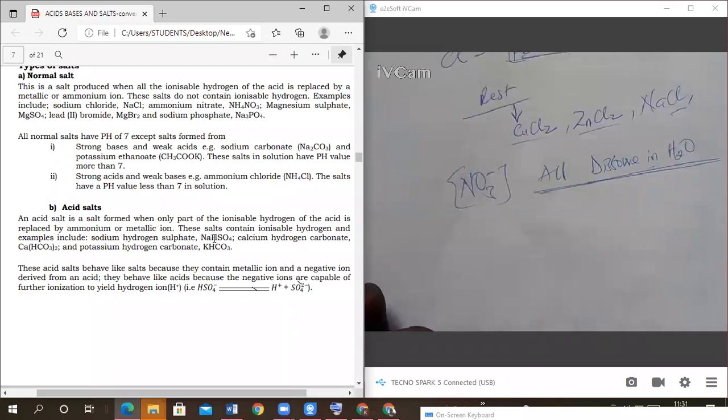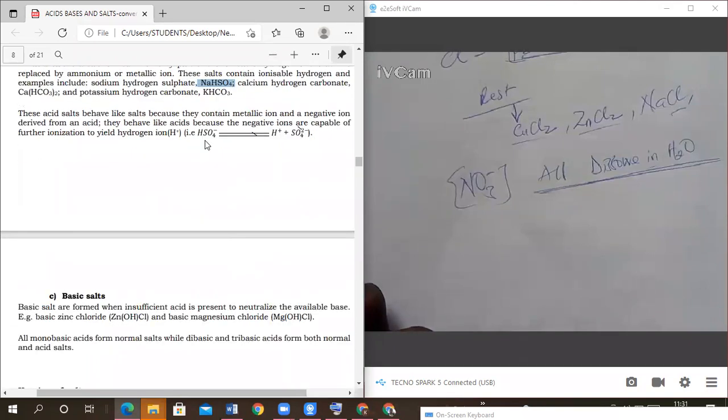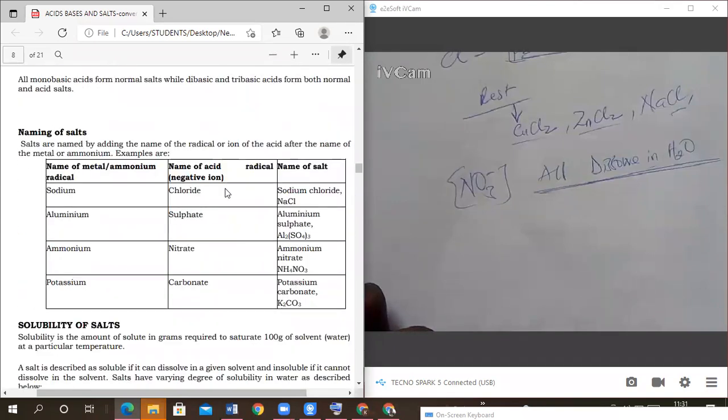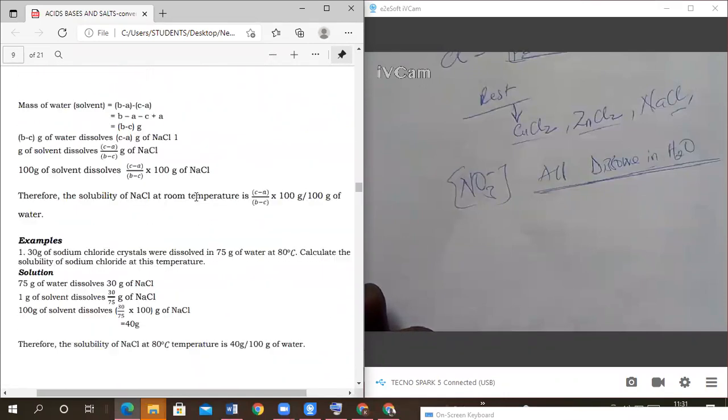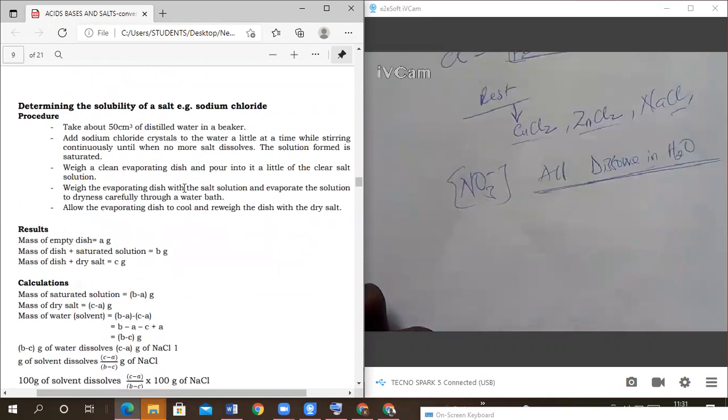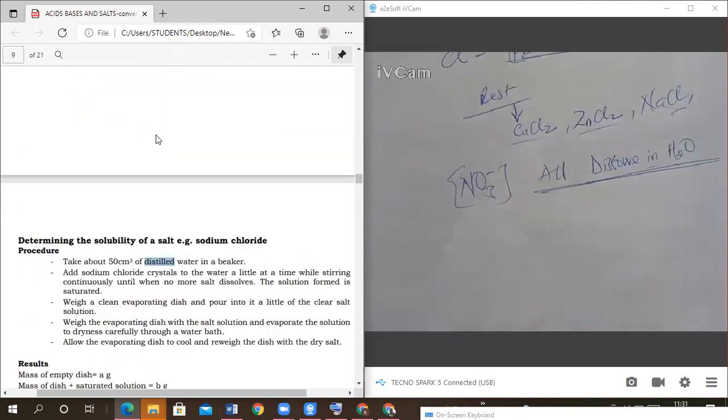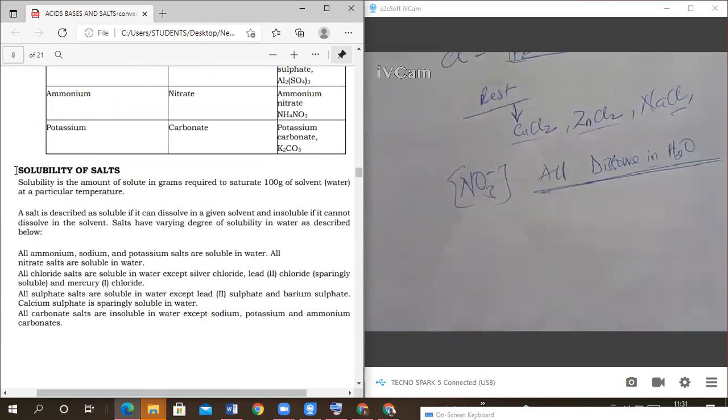So you are getting sodium hydrogen carbonate. This is an example of an acid salt. So we are running straight to this part that had problems in it. So this was the concern, isn't it?